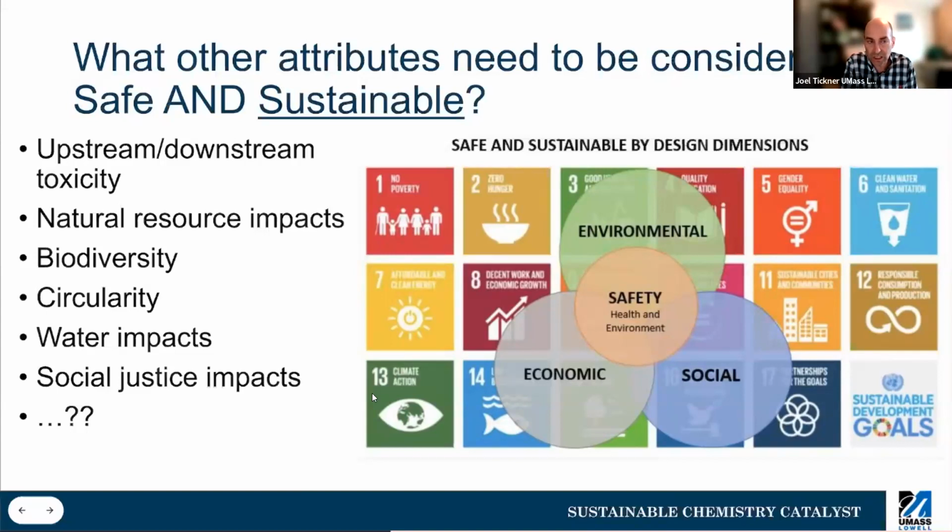There's a direct linkage. So we need to be really careful as we move away from problem chemistry to alternatives to make sure that we're not trading off one problem for another, whether it be water or social justice impacts. Maybe we're moving towards an alternative that requires a mineral of concern that is mined in a conflict area.